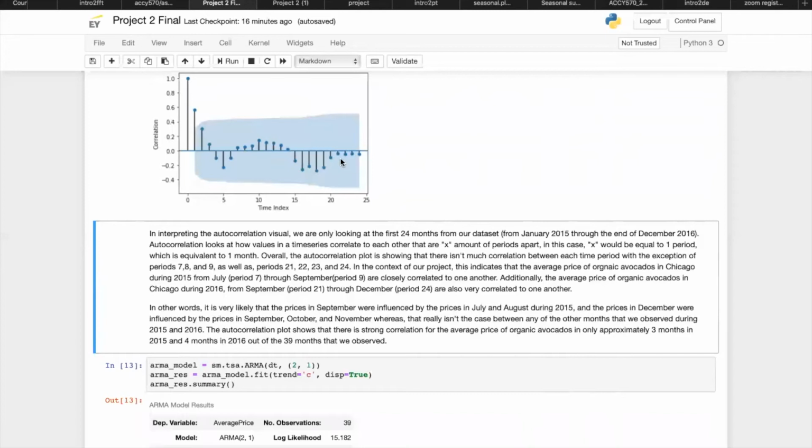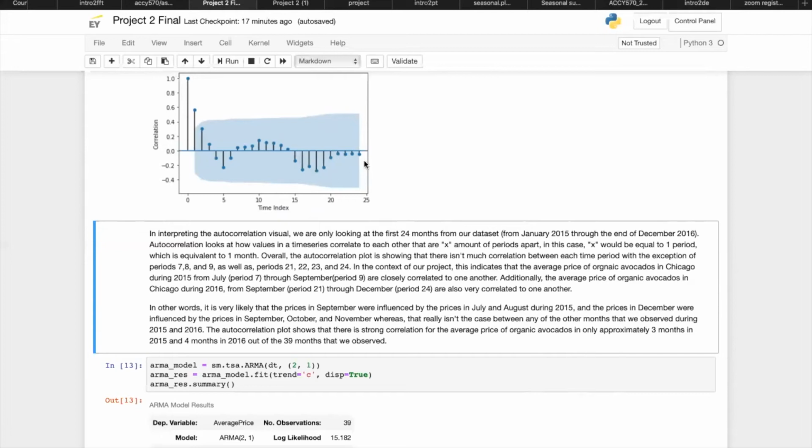Then in year 2, September, October, November, and December are also strongly correlated with each other. In terms of our project, this shows us that the average price of organic avocados in Chicago during periods 7, 8, and 9 in 2015, and 9, 10, 11, and 12 in 2016, are closely correlated to one another.